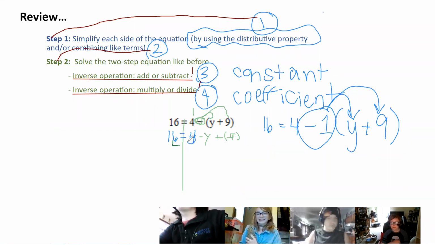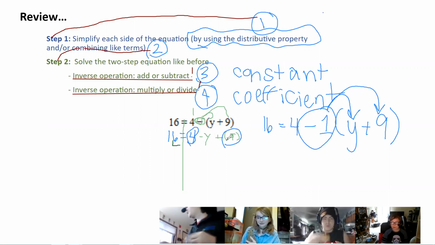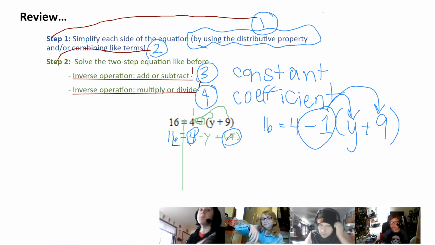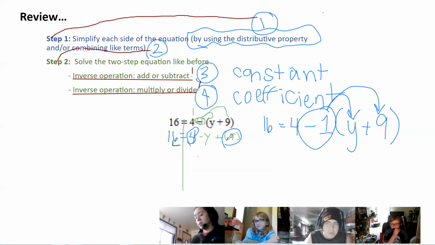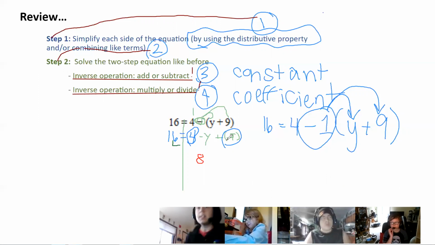What we would do first is combine some like terms. So we're going to combine the 4 and the -9 because they're both numbers. So what would they combine to equal? 4 and -9.